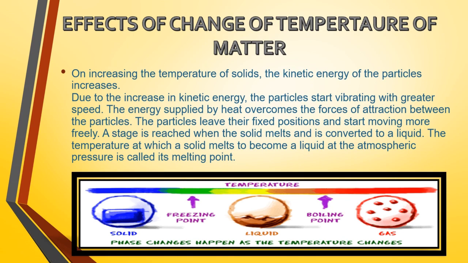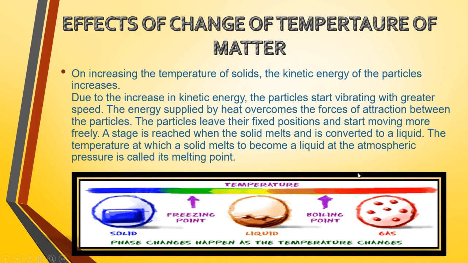Now when a liquid is changed to gas, then we have the boiling point. The temperature at which the solid converts to a liquid is the melting point. Now, if the temperature of the liquid crosses the required level, then the liquid will also convert to gas.